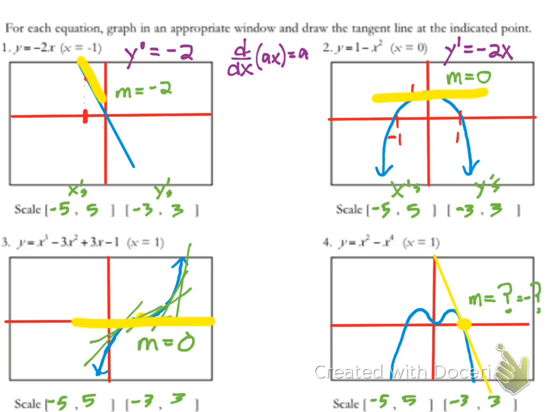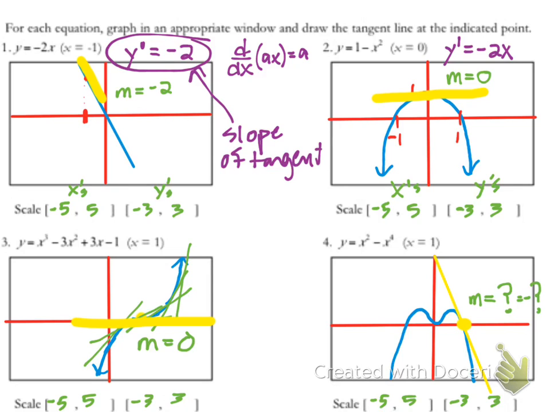So here goes. One of the things you want to notice on the first question, number 1, is that if I try and plug in x equals -1 into my derivative, there's no place to put the x. Well, that actually is a big indicator. The slope on that line is always -2 regardless of x. So there's no place to put an x because the slope is always -2.